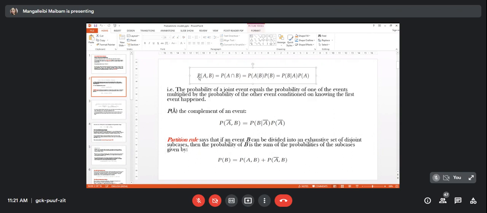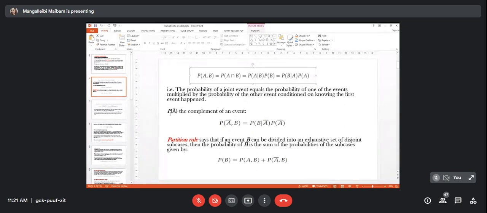Once again, the joint probability of A and B is also the probability of A intersection B, and this is equal to the probability of one event multiplied by the probability of the other event conditioned on knowing the first event happened.